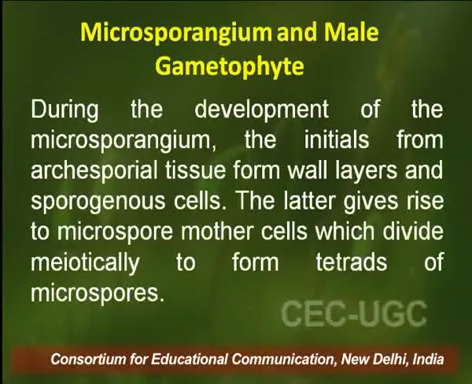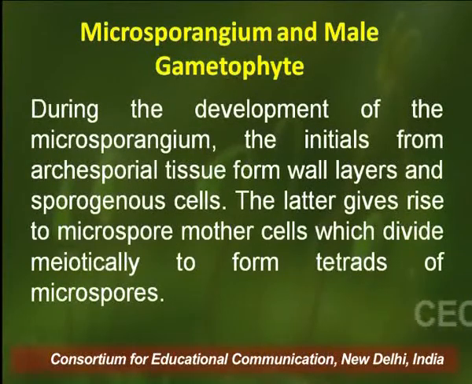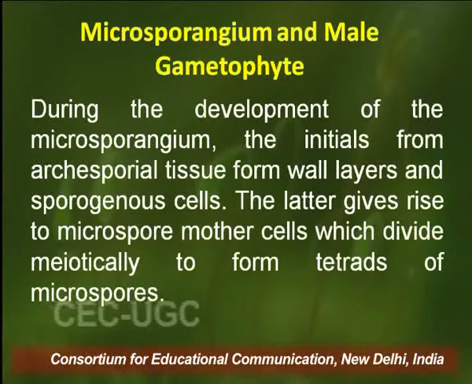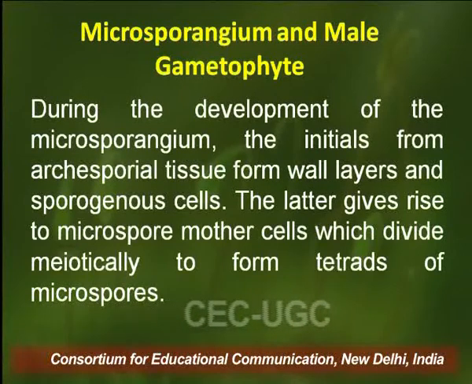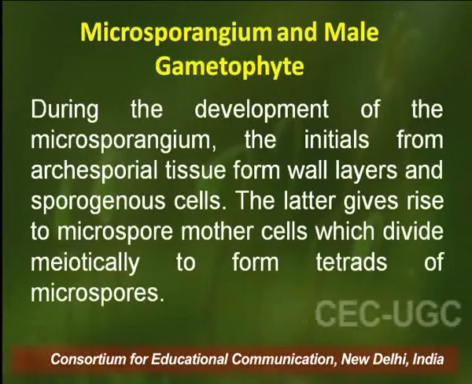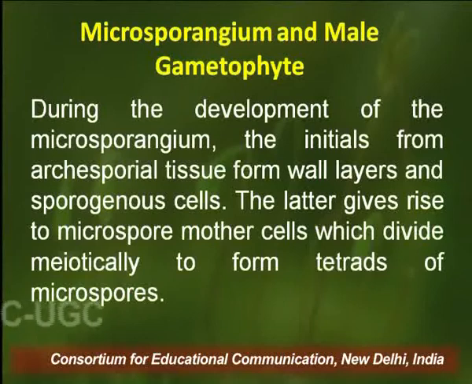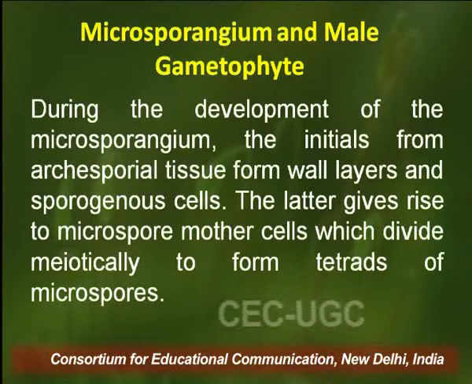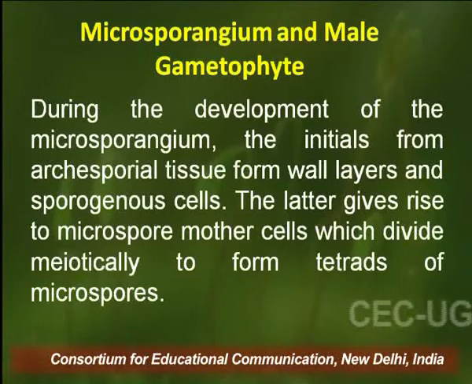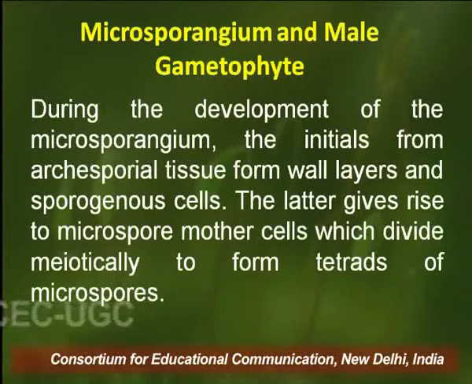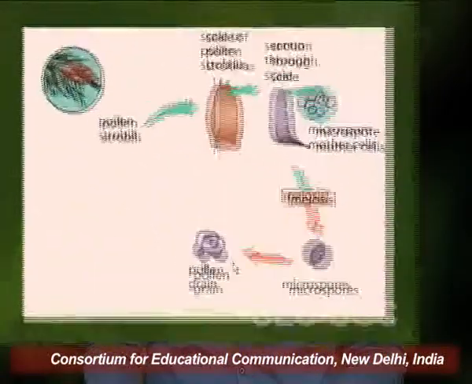During the development of the microsporangium, the initials form archesporial tissues, form wall layers and sporogenous cells. These sporogenous cells later give rise to microspore mother cells. The microspore mother cells or MMCs divide meiotically to form tetrads of microspores. This development can be seen with the help of a diagram.